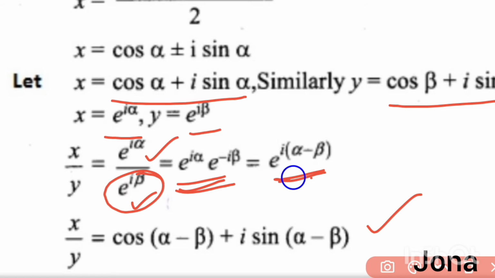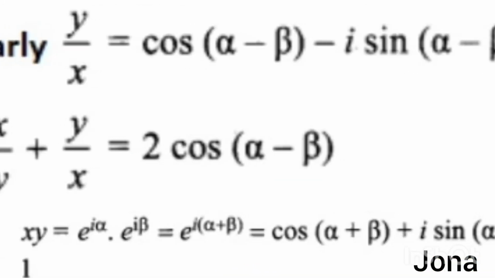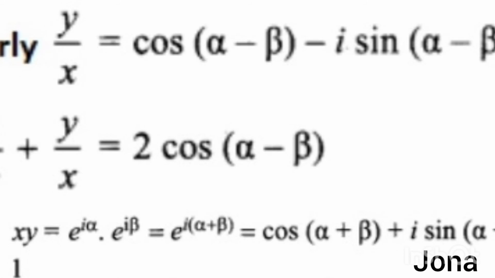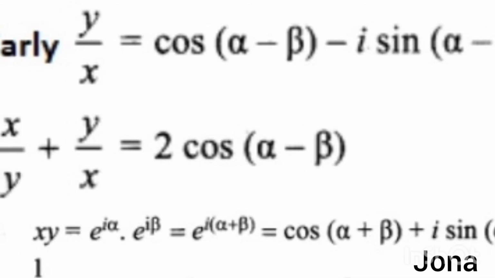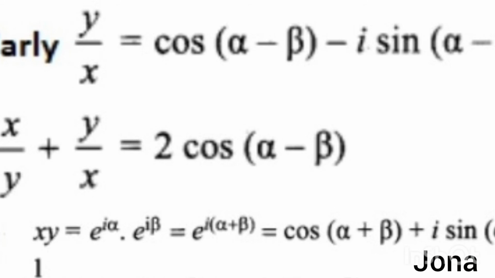This is the exponential form and this is the polar form. Similarly, y by x is cos of alpha minus beta minus i sin of alpha minus beta. In the problem it is given x by y plus y by x, so we add both. The sin terms cancel, and the remaining is 2 times cos of alpha minus beta, which is the answer.